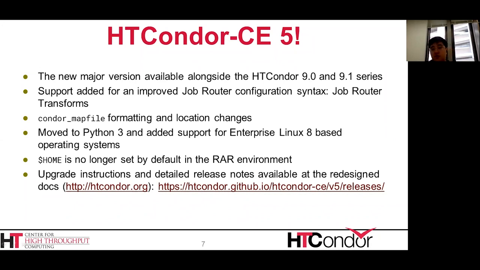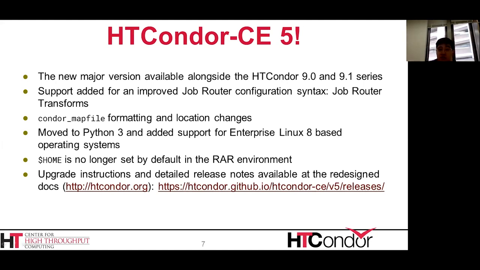This next bullet is hopefully going to be transparent to all of you. We moved to Python 3, and alongside it, we added support for Enterprise Linux 8 based operating systems. One other change that may require some manual configuration updates on your end if you need this feature: we do not set the HOME environment variable in the allocation request or the pilot job's environment by default anymore.